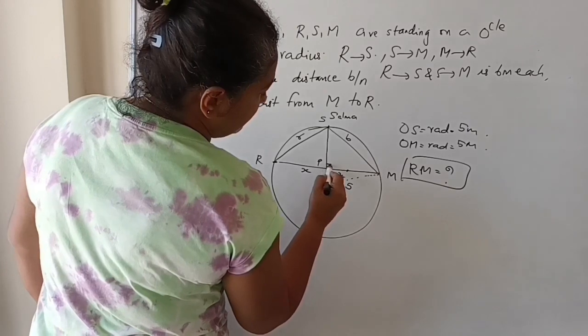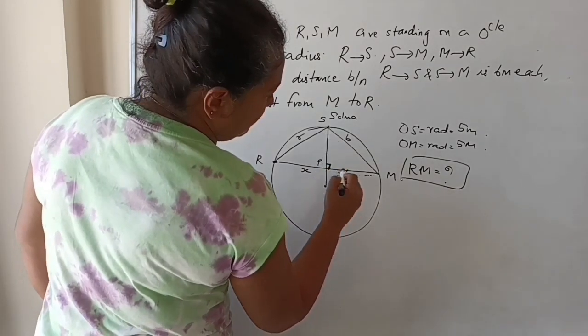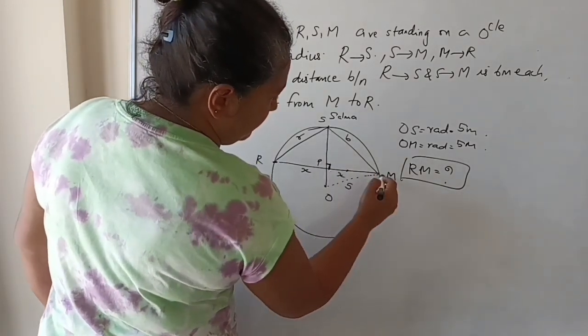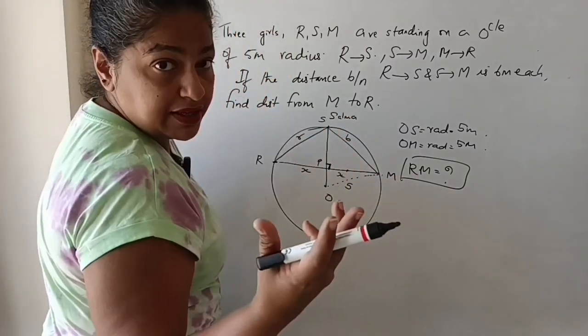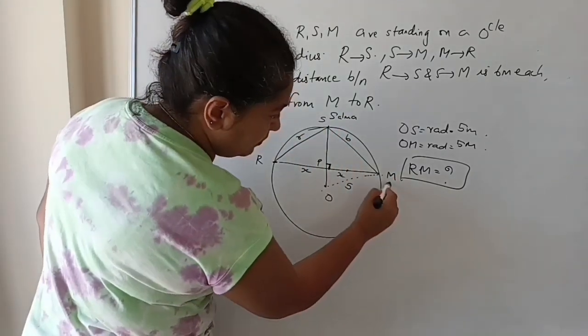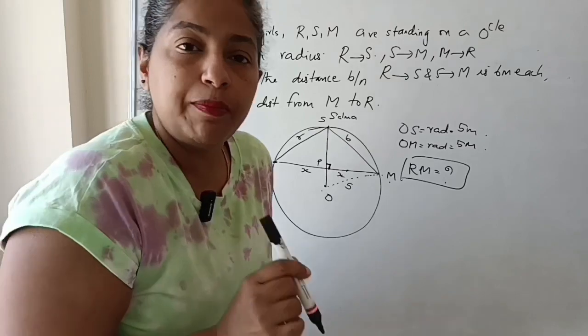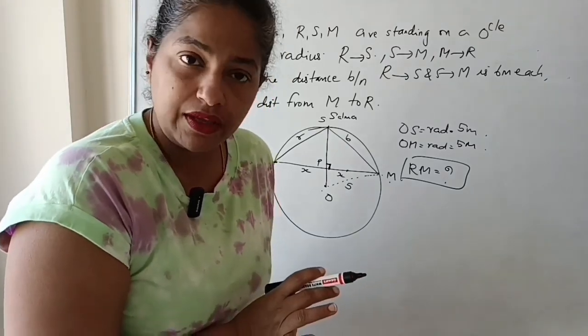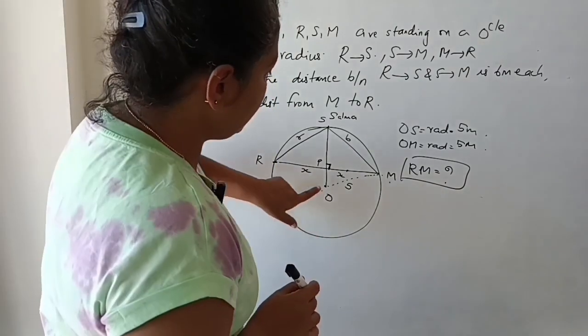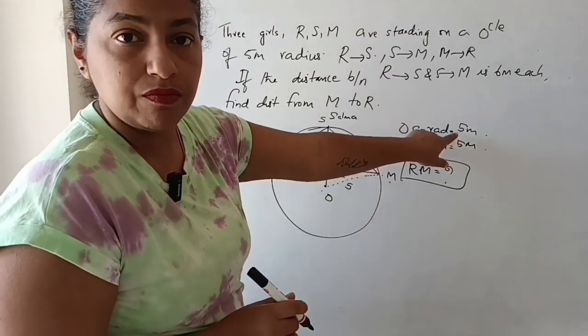I have a right angle triangle over here which is SPM. I have another right angle triangle over here, OPM. So let us see whether we can apply the Pythagoras theorem and solve. In this diagram, you can see that OS is equal to 5.